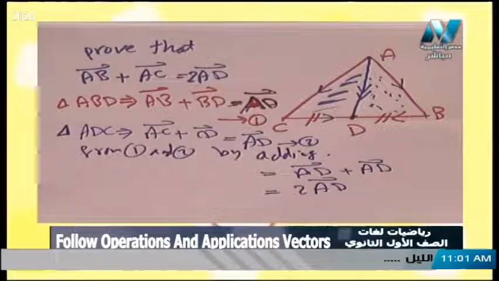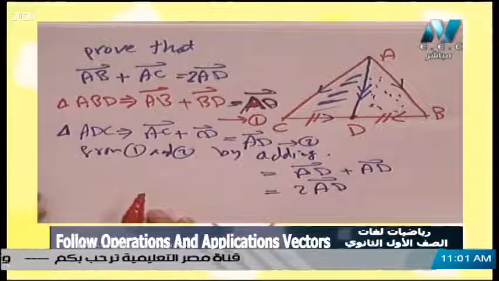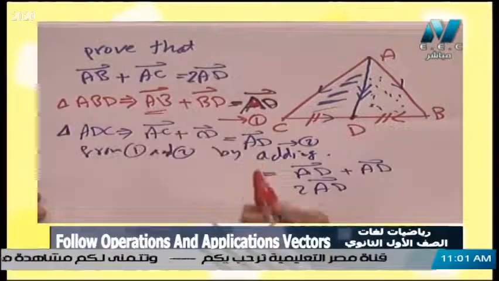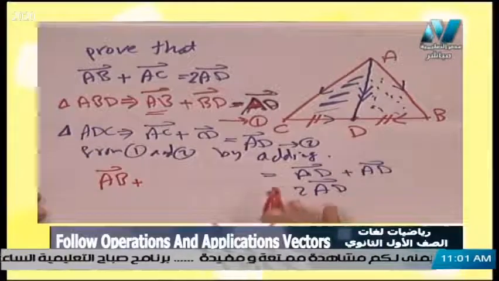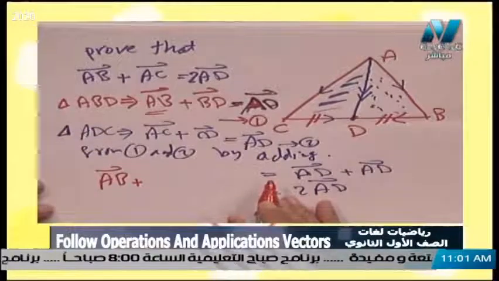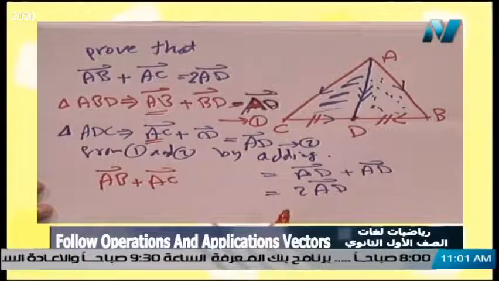And look carefully at the left-hand side. We have the vector AB plus we have the vector AC also. What else?